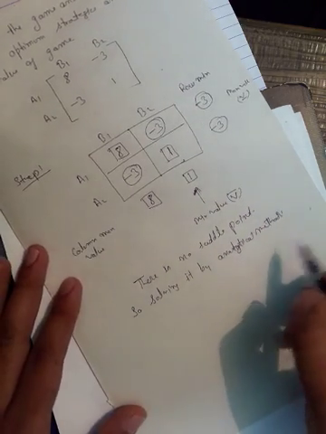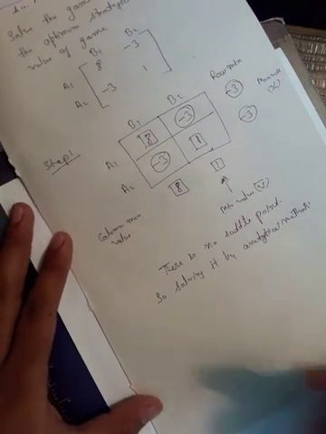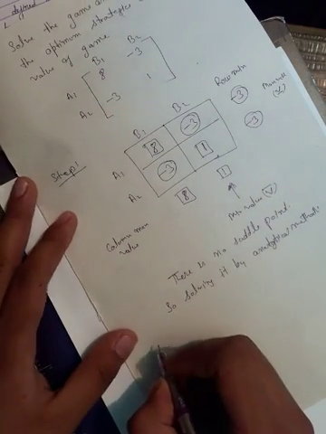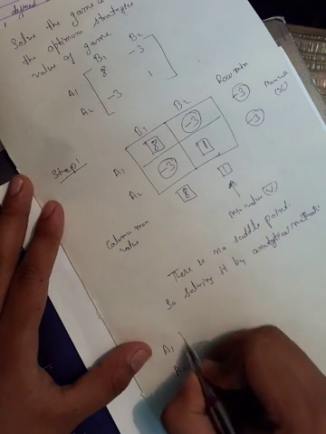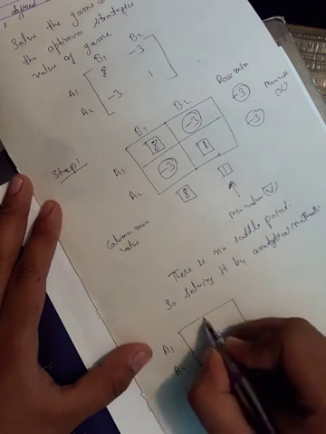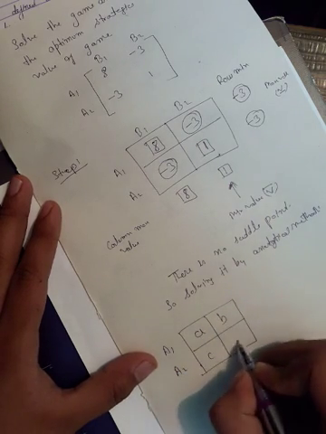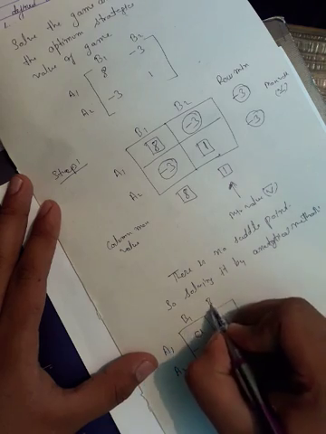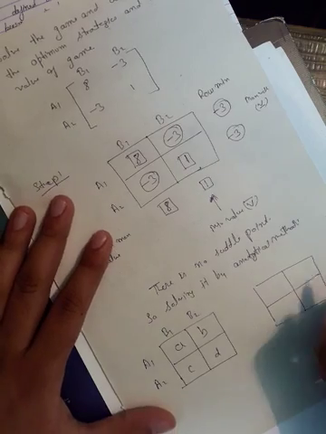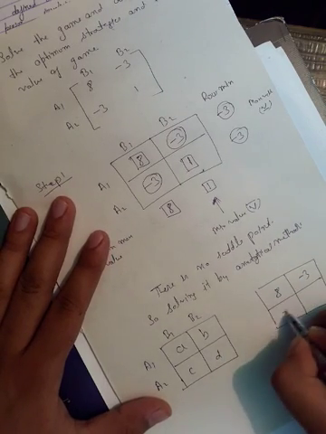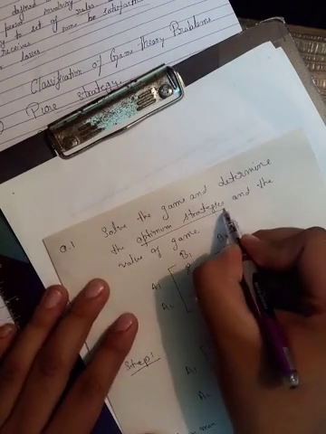For solving it by the analytical method, first we need to form the format. What will be the format? A1, A2, and B1, B2, with entries a, b, c and d. There will be no change in the format. Write the given matrix here so that we can easily compare: it is 8, minus 3, minus 3 and 1. We need to find the optimum strategy.